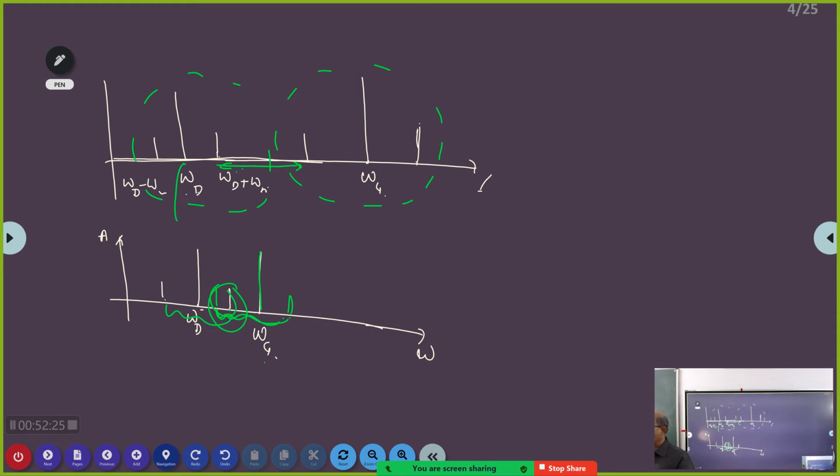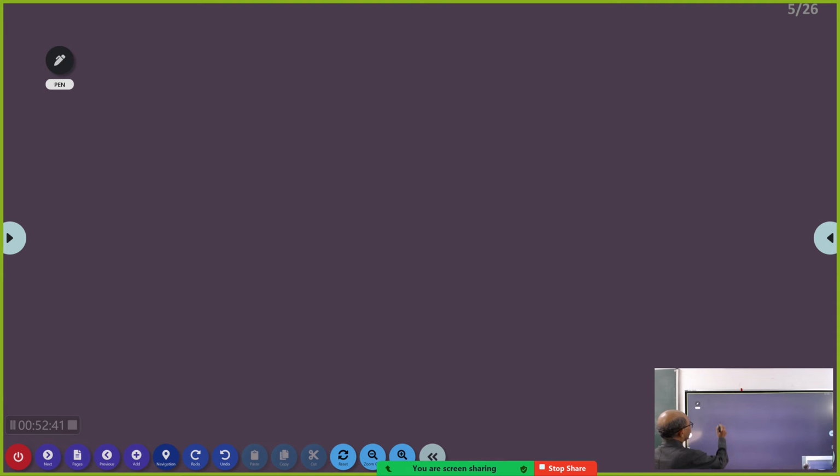Now, production of amplitude modulated wave, 15.9. Are you all with me? Here you see m of t and c of t, and there is a plus sign there. The plus sign means they are adding the m of t signal and the c of t signal.